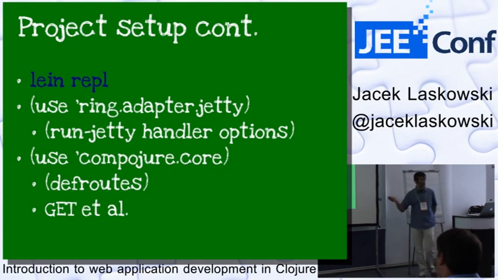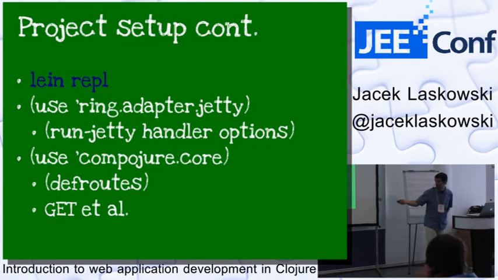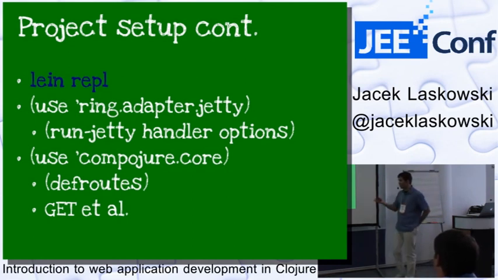Run jetty as previously. We need to obviously define a handler, but we do it in a moment. Use Compojure core to use defroutes and get, post, and other verbs you know from HTTP. Questions? Yes.